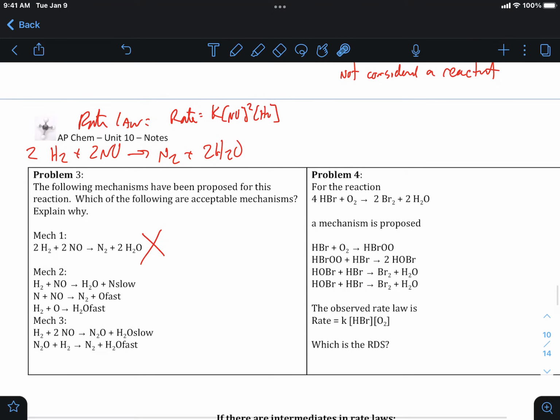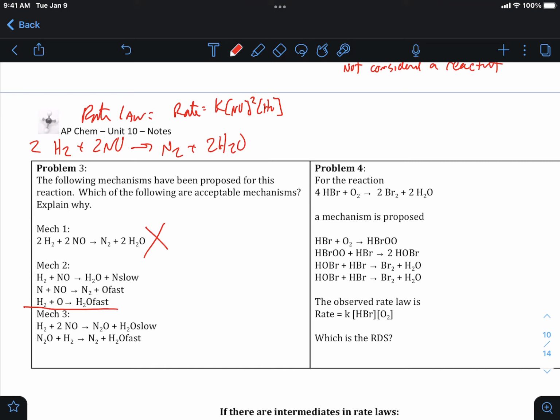So, okay. Let's look at mechanism 2. Let's add these up. Okay, so what cancels here? I've got N, right? And N here, and N here. That cancels. The O here and the O here cancels.